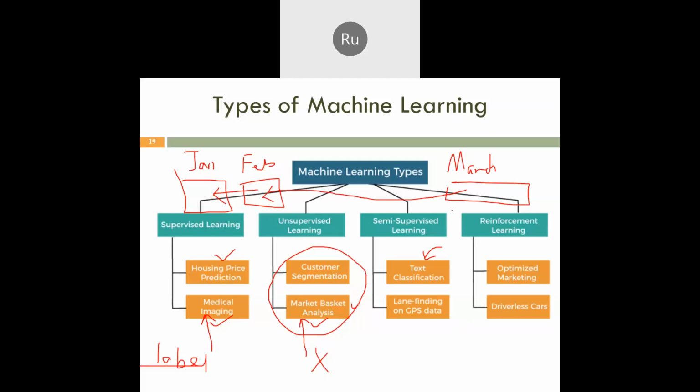So this is normally used in optimized marketing because we are looking at the previous history, and in driverless cars because we are looking at, sometimes we call it, case by case. So what happens if we have this type of situation?